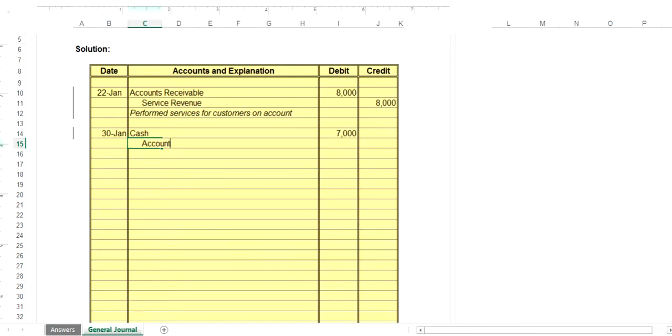We're going to credit accounts receivable because this is reducing the amount that they owe us for $7,000. And we can say that we received cash from customers on account.